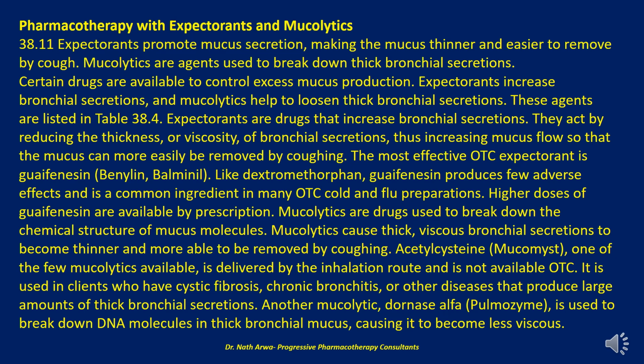It is used in clients who have cystic fibrosis, chronic bronchitis, or other diseases that produce large amounts of thick bronchial secretions. Another mucolytic, Dornase alpha, marketed as Pulmozyme, is used to break down DNA molecules in thick bronchial mucus, causing it to become less viscous.